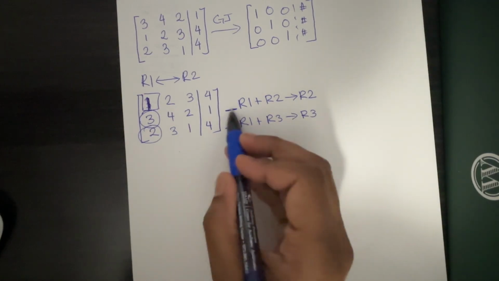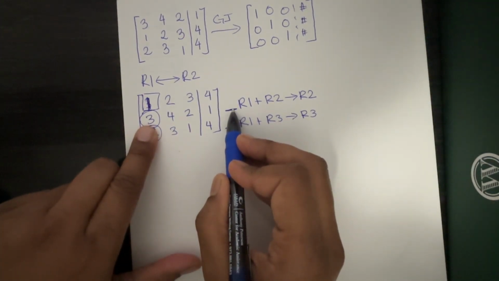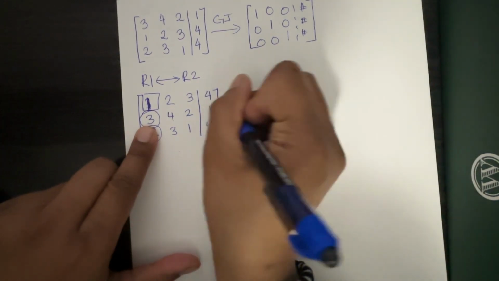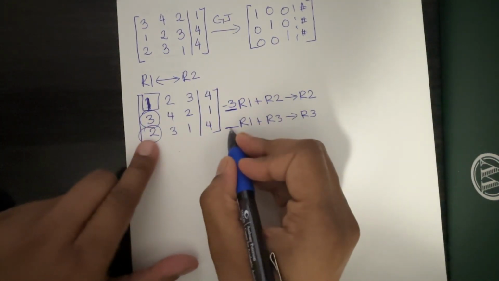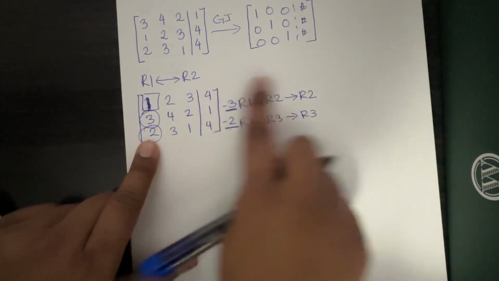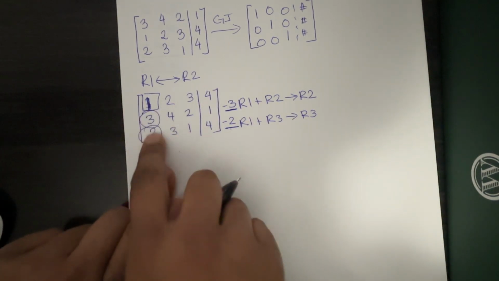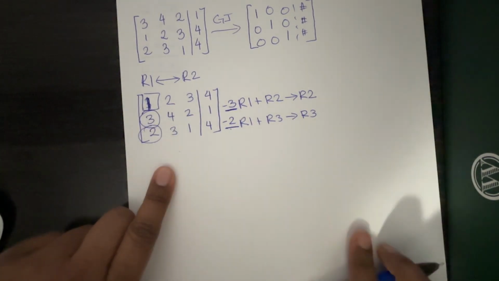All right, so the number I need to multiply to row 1 is going to be the opposite of this number. So if this is 3, I need -3. Here, this is 2, so I need -2. So these are the row operations I'm going to put into my calculator to get the matrix that's going to zero these out.